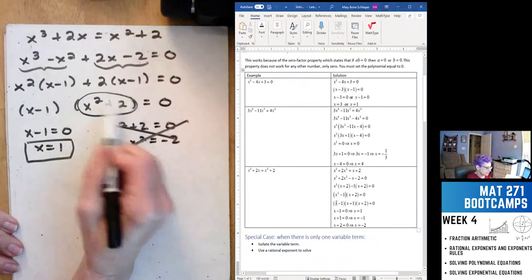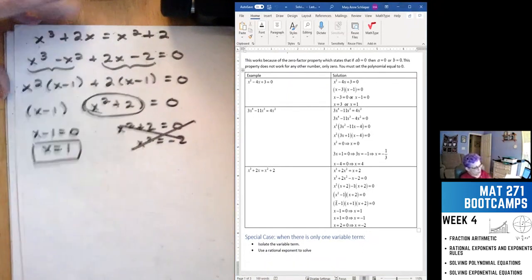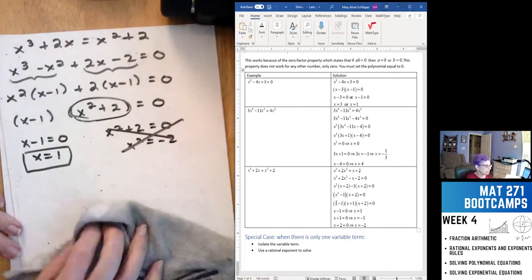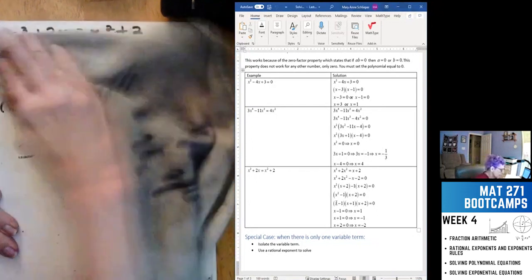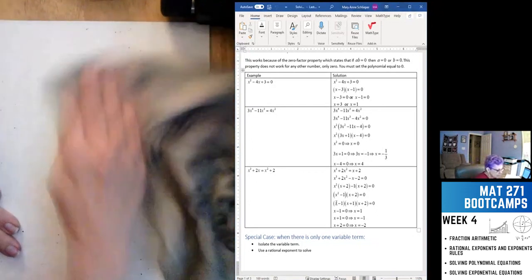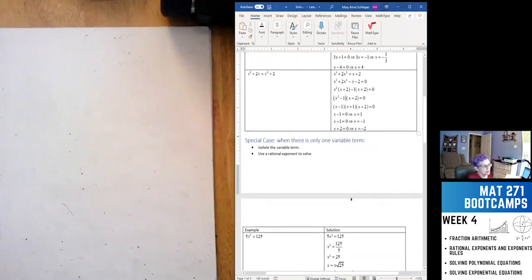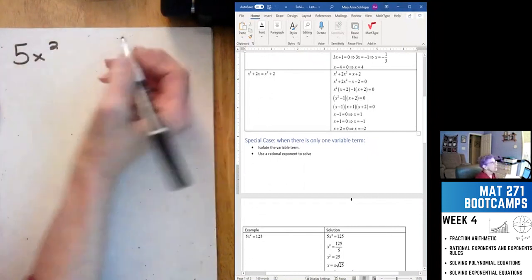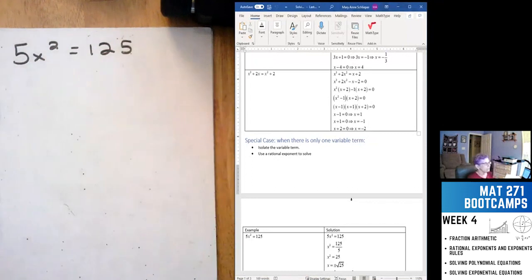Now this is kind of like the special case. If we have an equation that only has one variable expression in it, then we can isolate that variable and kind of go directly to the answer. Use a rational exponent to solve it. Now 5x squared equals 125.